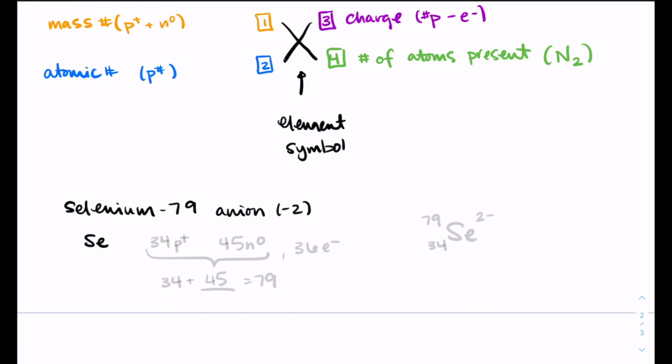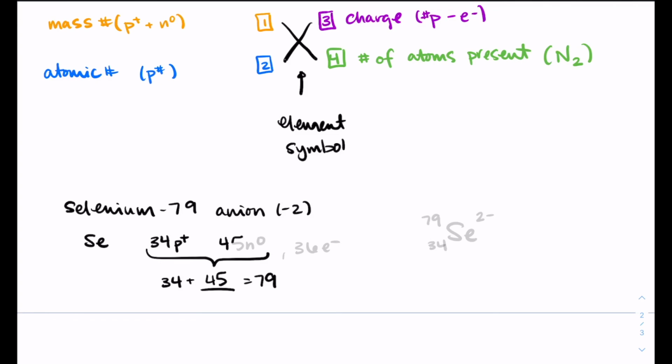That means 34 protons, and that capital S lowercase e is going to be my symbol. So 34 goes at the bottom, the subscript on the left. That's my atomic number. Selenium 79, the 79 is my mass number, so that goes at the upper left, so my left superscript. And then the negative 2 charge is on the superscript to the right.